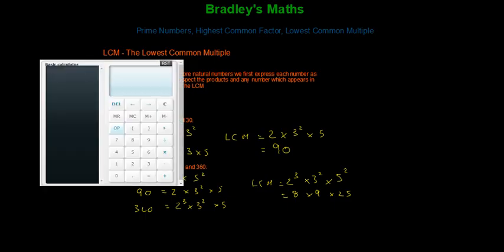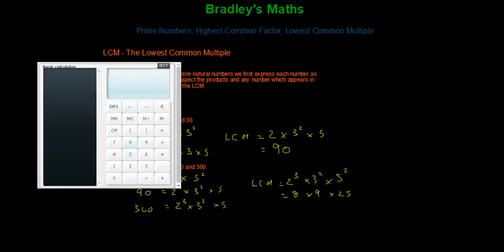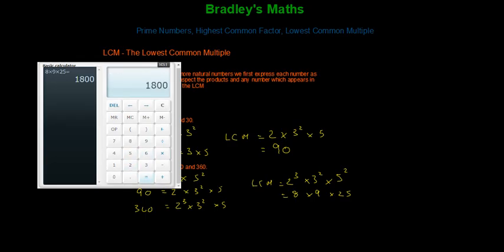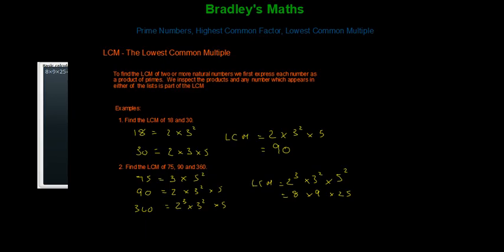I'm looking at 8 times 9 times 25 equals 1,800.